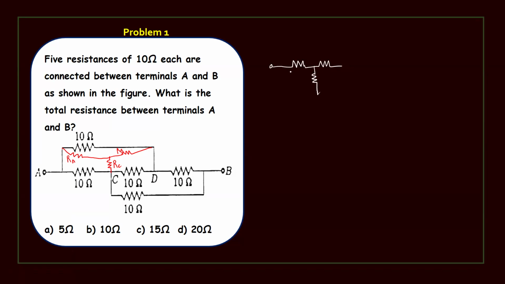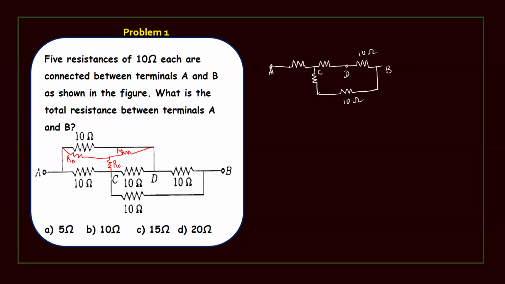And then again, this is the terminal A, and here C, and then here D. Here one another 10 ohms resistance in series, and here also another 10 ohms in series between the terminal B and D.